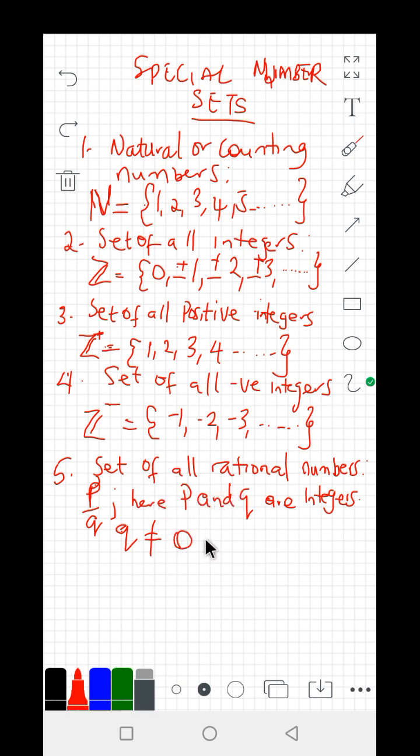So let's make a guess there. What will we have as members of this set? It's denoted as Q. We have something like 1 over 2. 1 over 1 is also possible, but that will be 1.